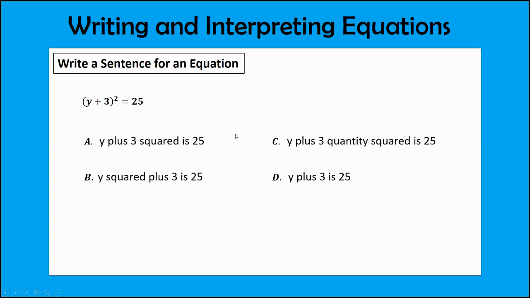The problem with y plus 3 squared is 25 is that it doesn't force you to group the y and the 3. You could just write y plus 3 squared equals 25 and not be squaring the sum of these two; you'd just be squaring the 3. Y squared plus 3, now you'd be squaring just the y and not the 3. So the language is very important as to how we say it.